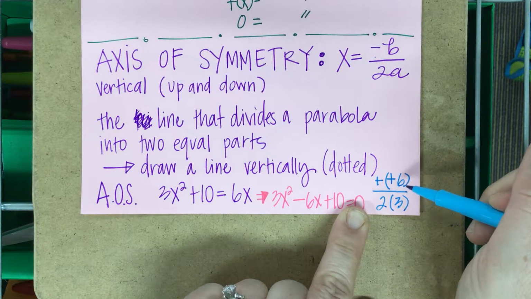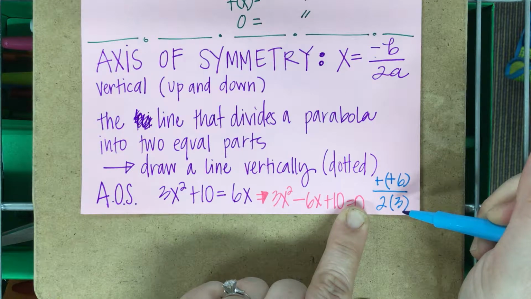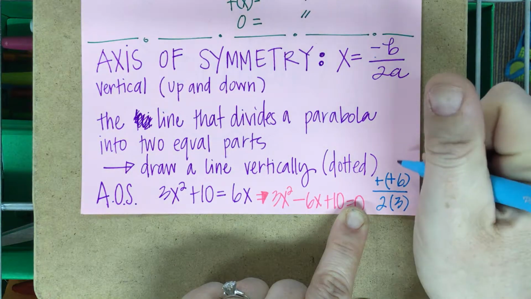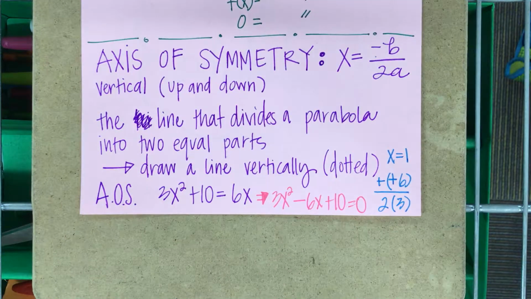What's 6 divided by 2 times 3, which is 6? So your axis of symmetry is at 1.